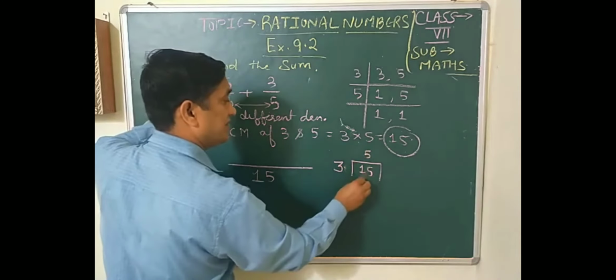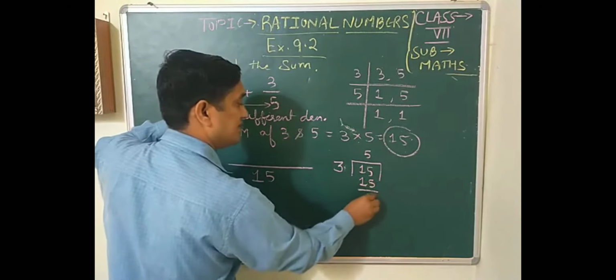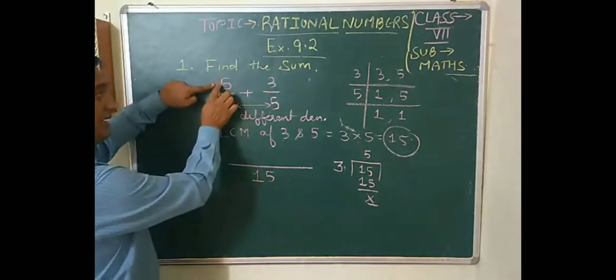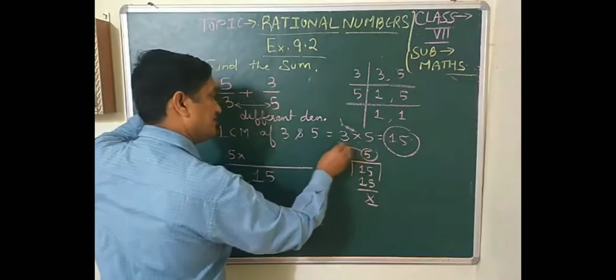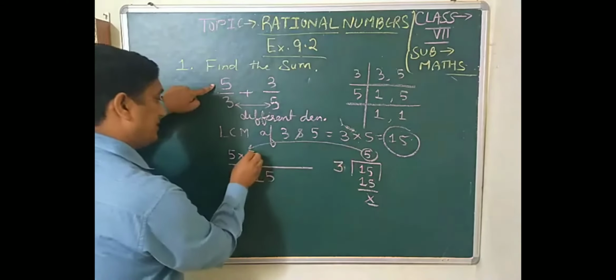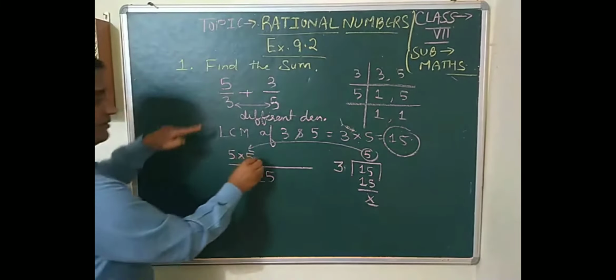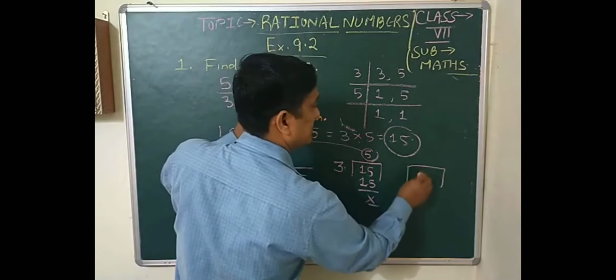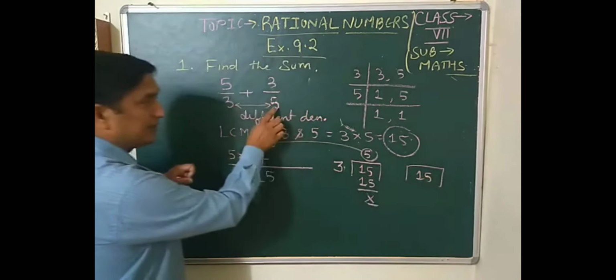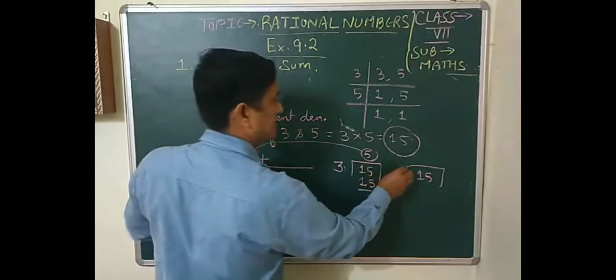3 5s are 15. Now we have to multiply this numerator by this quotient 5. Then plus, in the second step now, we will divide this LCM by the denominator of the second rational number, that is 5.